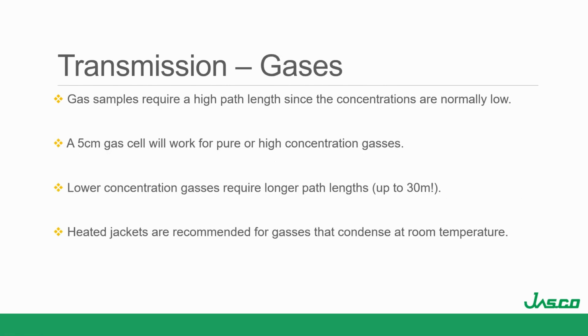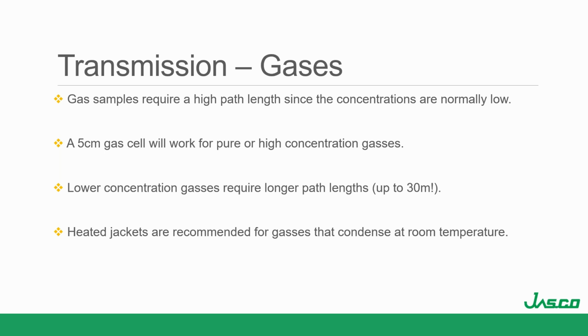All right, so transmission of gases. Gas samples require a high path length. The number of atoms in gas is a lot lower than liquids and solids, so a lot of times you need a high path length. You can go down to 5 centimeters if you're working with a pure or a highly concentrated gas.